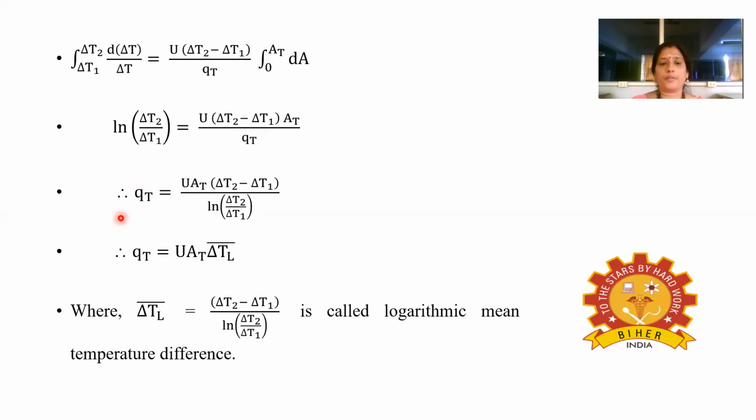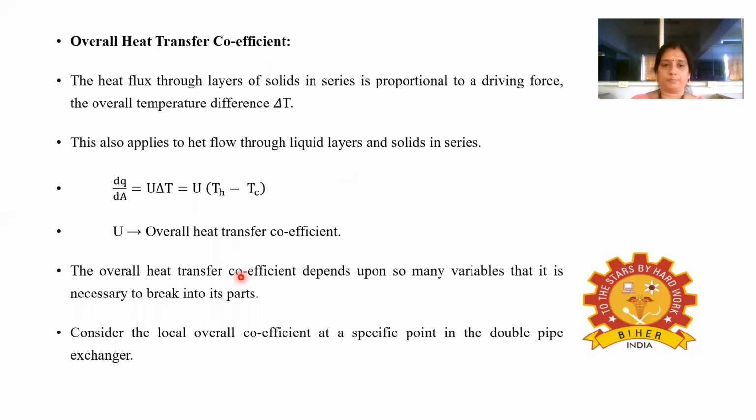After rearranging, qt equals U into AT times delta t2 minus delta t1 by ln of delta t2 by delta t1. This portion, delta t2 minus delta t1 by ln of delta t2 by delta t1, is delta TL, the logarithmic mean temperature difference.